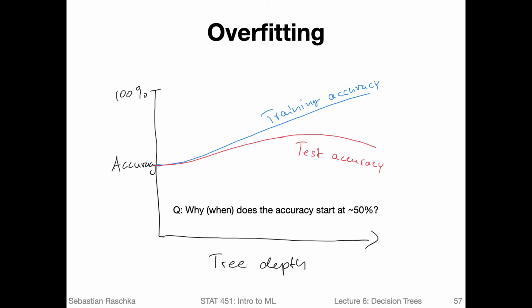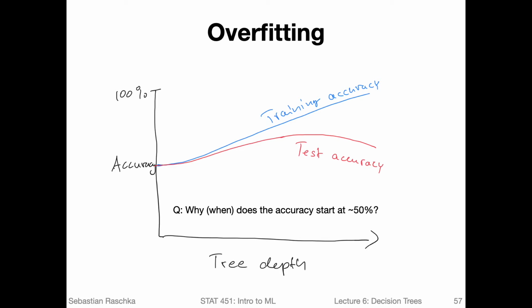So another downside of decision trees is that they are prone to overfitting, like I already hinted at in the previous slide. Overfitting means that it fits the training set very well, so it has a very good performance on the training set. However, when there's new data, even from the same distribution, it won't fit so well. So let's say the test data. Usually overfitting can be seen by having a good training performance but poor test set performance.